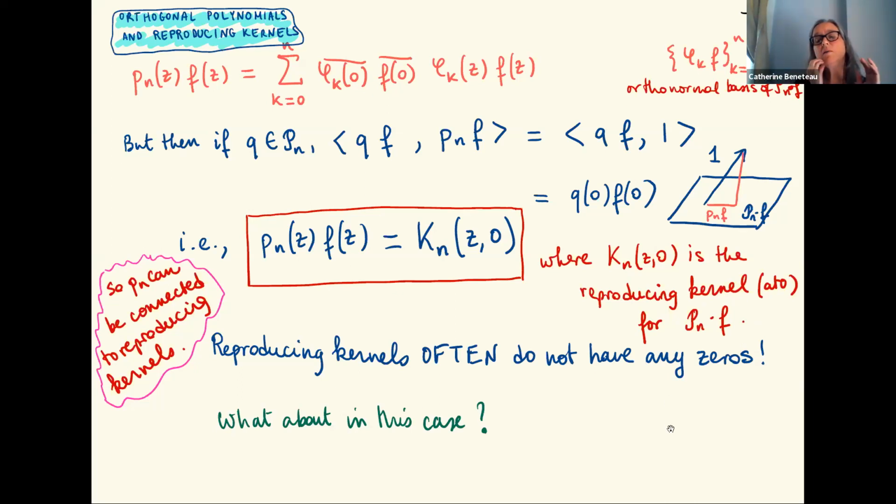Okay, so there are a lot of things that are known about orthonormal polynomials, orthogonal polynomials, reproducing kernels, especially in the context of H2, for example. So we actually gained some information about these optimal approximants in that case.